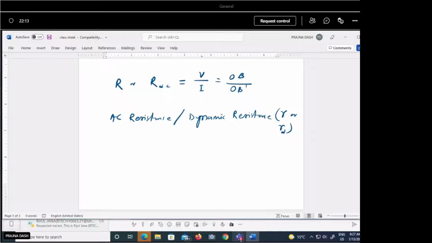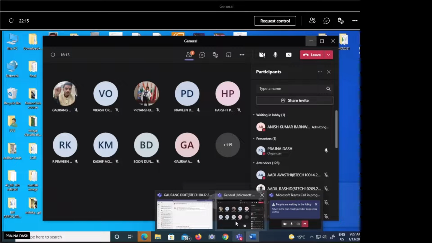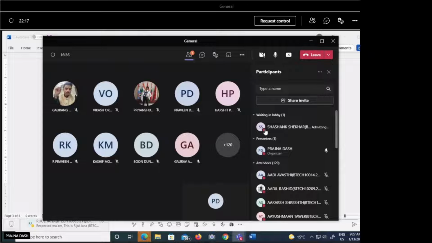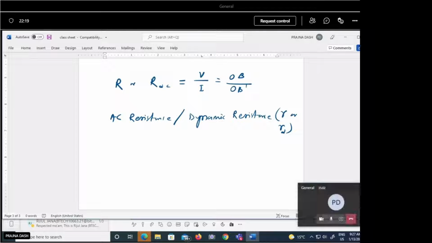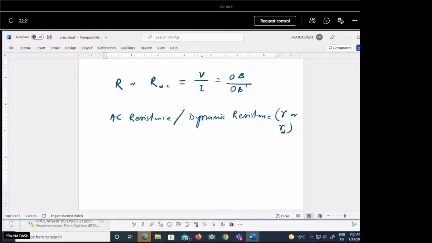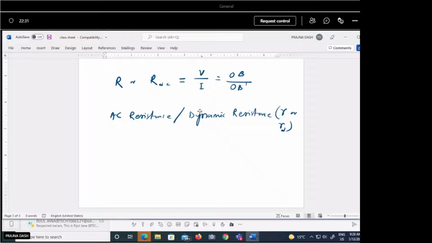When we apply the AC voltage, the current also changes according to the applied voltage. So for calculating the AC resistance, we have to calculate the change in voltage with respect to the change in current.